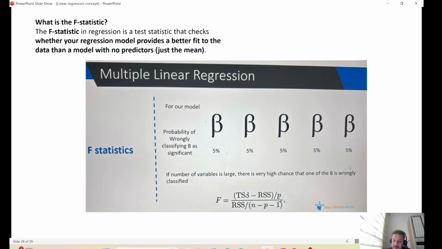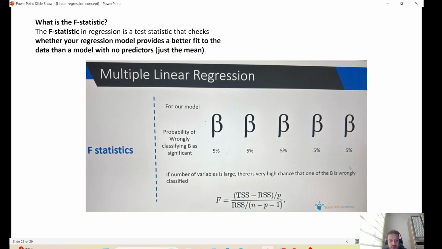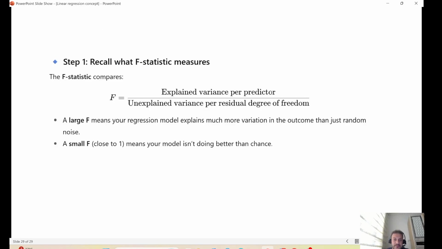And what is the F statistic? You will see it here. If the F statistic is high, that means your model is good at predicting the value. If the F statistic is low, that means your model is not good for predicting. If the number of variables is large, there is a very high chance that one of the betas is wrongly classified.